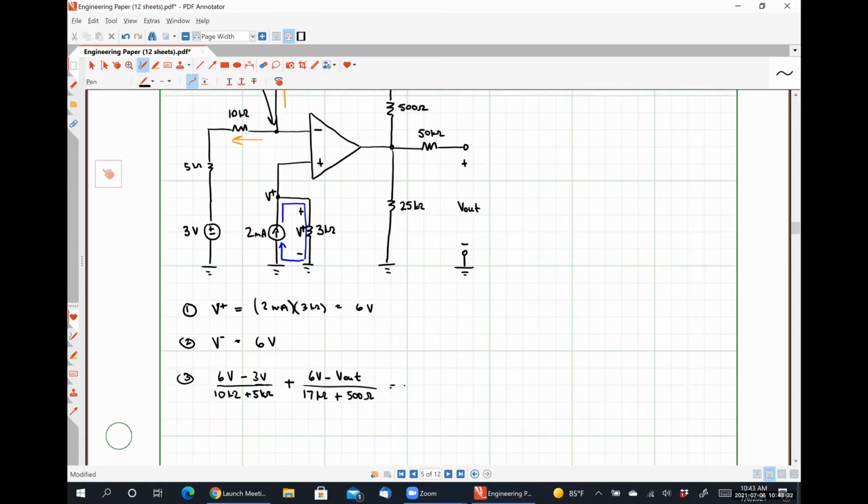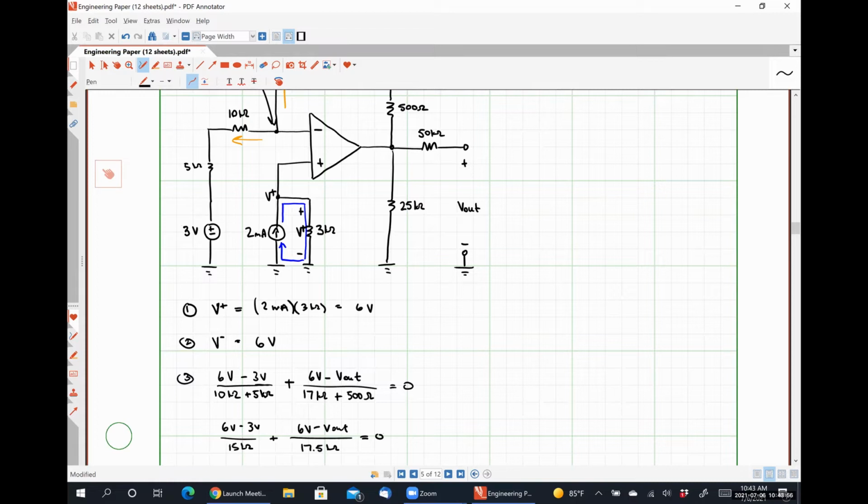So set this equal to 0. So just to be clear here, this would simplify to 6 volts minus 3 volts over 15 kilo ohms plus 6 volts minus V out over 17.5 kilo ohms. Absolutely correct. That is a fantastic job.